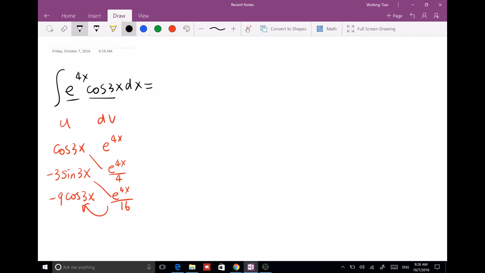So now if I do u and dv, u is cosine 3x, du is negative 3 times sine 3x, and du again is negative 9 cosine 3x. Okay, so can you finish here? Help me finish this.